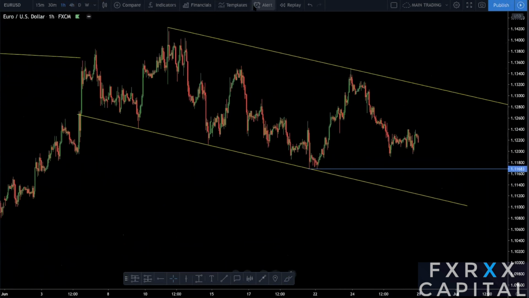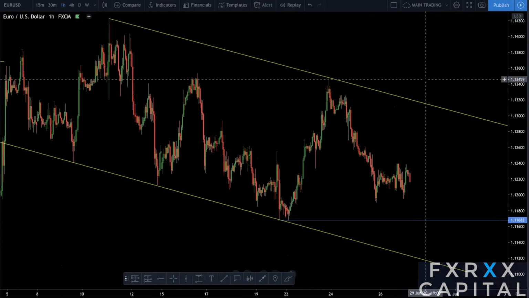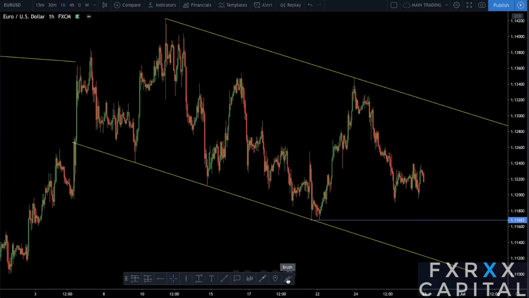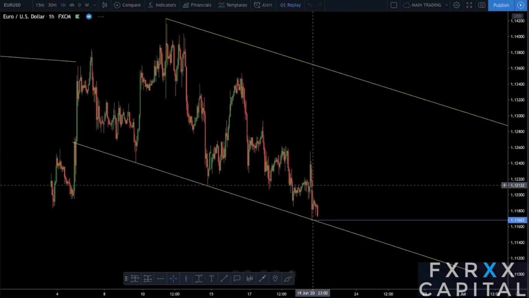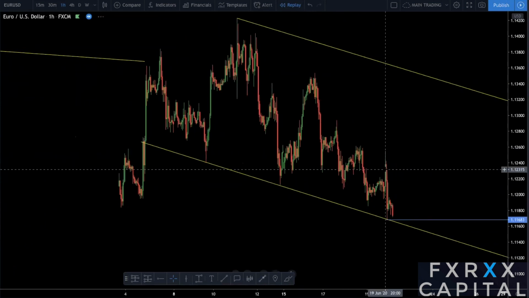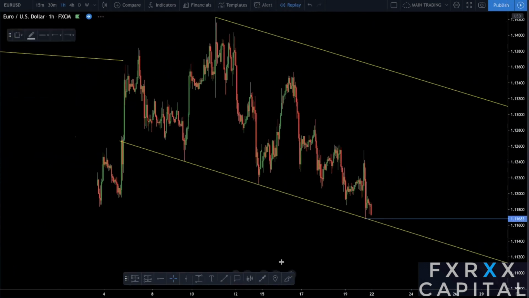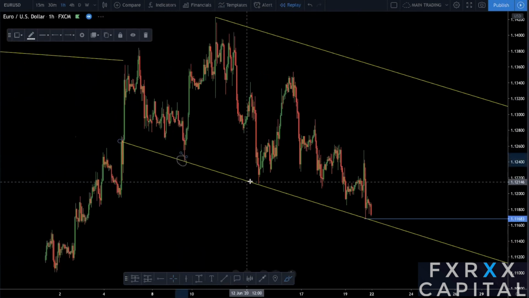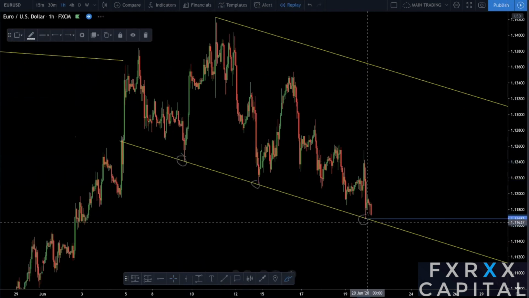If we replay the market, where's the replay button? If you're looking at this, this one shows a descending channel: one touch, second touch, third touch.